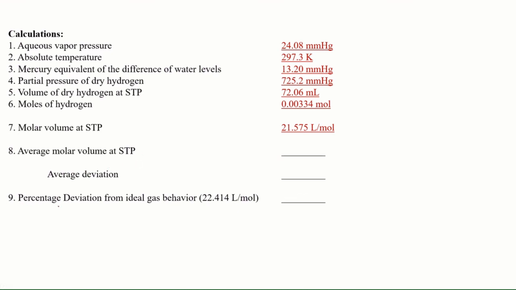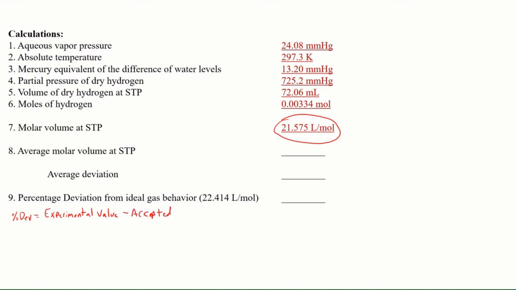Last one is the percent deviation from ideal gas behavior, 22.414 liters per mole. Now we did this calculation in the ASA video, but I will repeat the calculation here. Okay, so here is my experimental value for the molar volume at STP. Okay, percent deviation equals the experimental value minus the accepted value.